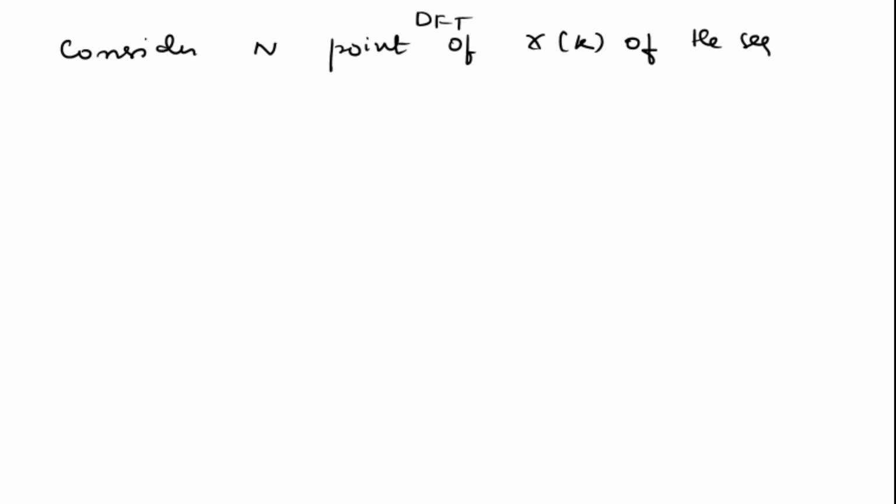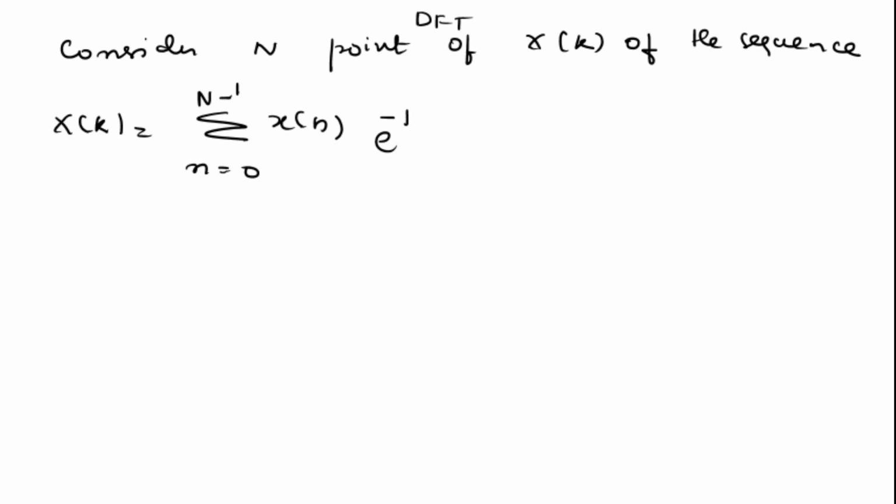Consider the N-point DFT X(k) of the sequence x(n), which is equal to summation n is equal to 0 to N minus 1 of x(n) into e power minus j 2 pi nk by N, where k varies between 0 to N minus 1.